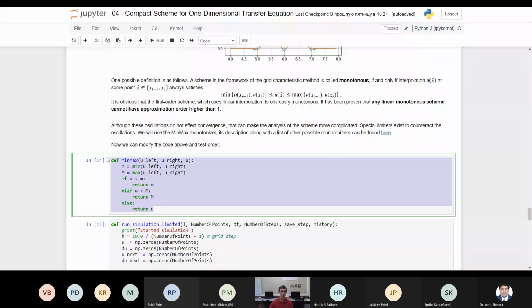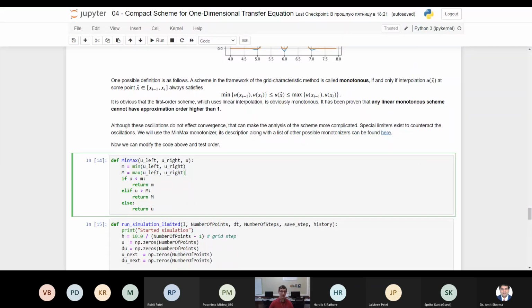Min-max works as follows. So it gets the function value on the left, the function value on the right, and the interpolated value, which we have already interpolated by a certain procedure, maybe of first order, maybe of third order, it doesn't matter. Then we compute the minimum of these two values and the maximum of these two values.